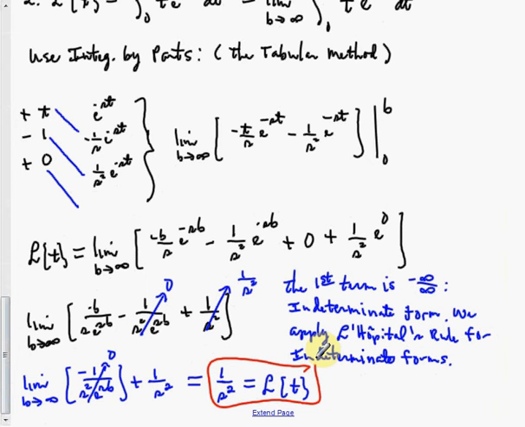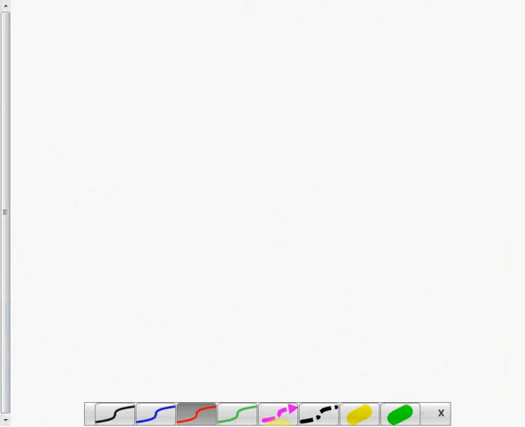So now what happens with t squared? I think this is number 3. Okay, thank you. The Laplace transform of t squared.